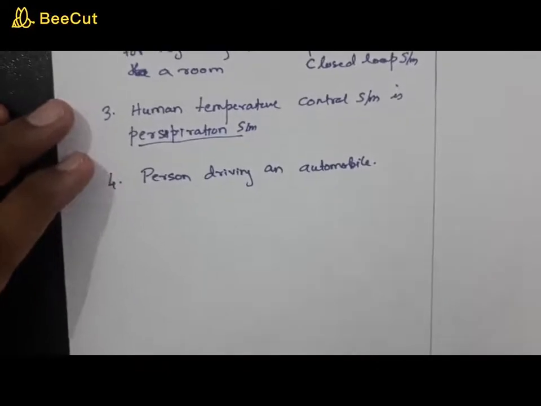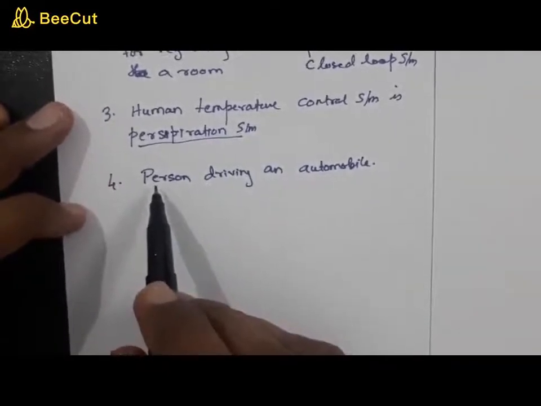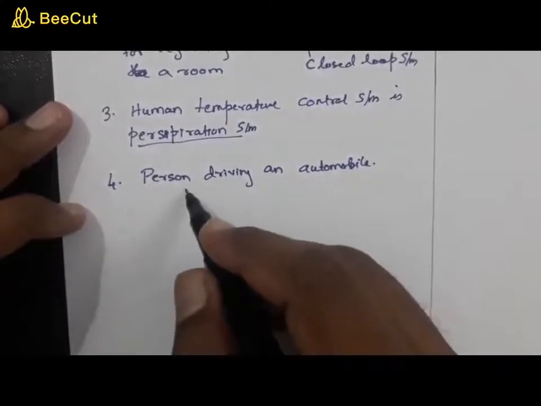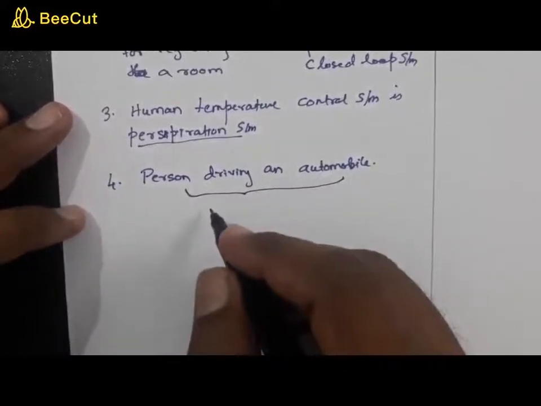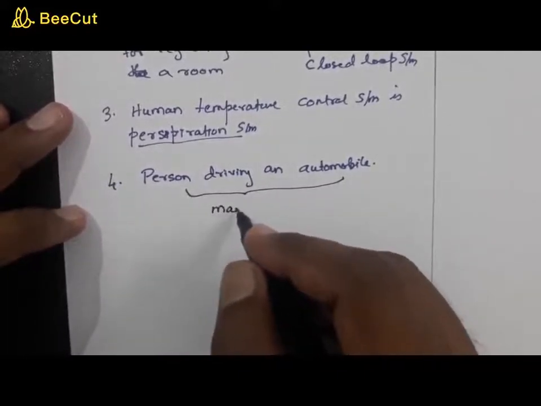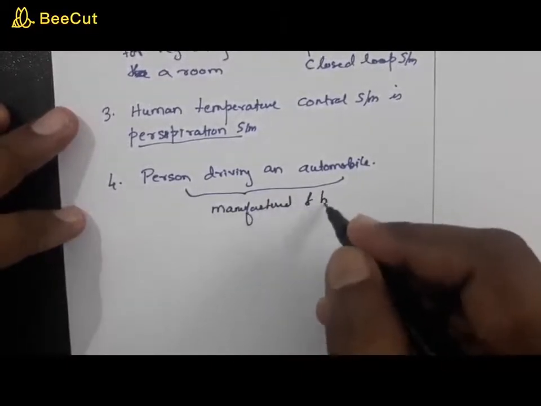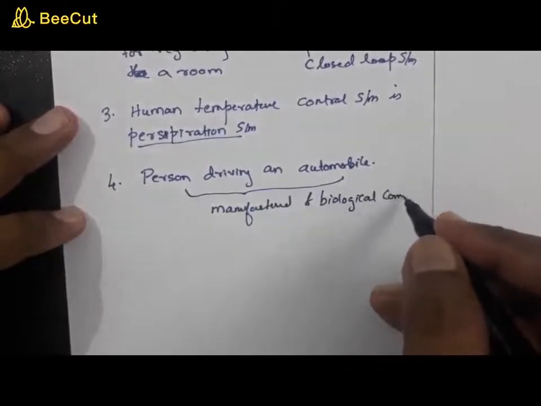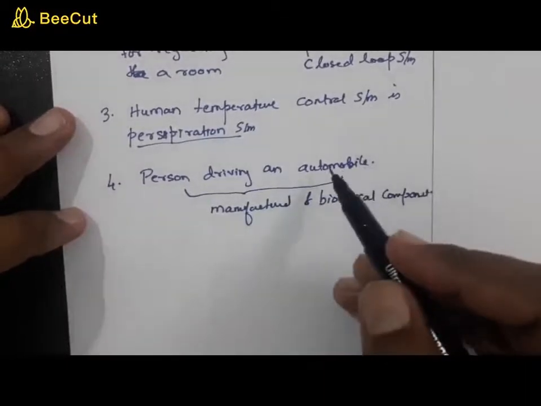Okay, the next example is a control system consisting of a person driving an automobile. This control system has both manufactured and biological components. Hope you understood what I meant. Manufactured means the automobile.